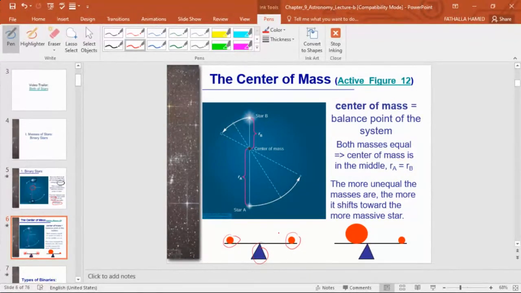Now, this can be balanced out if the radius, that means the distance between star A to the center of the mass and star B to the center of the mass, in this case, is exactly in the middle, and both of them are equal. And the motion here is around the center of mass.